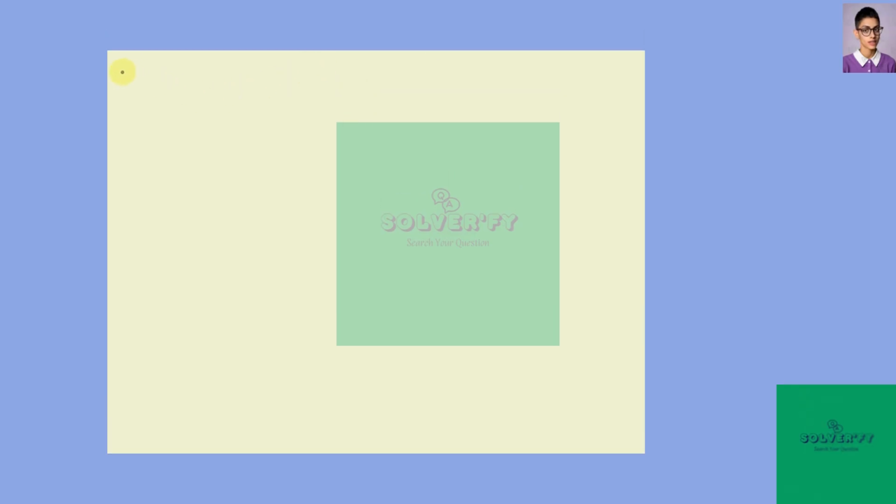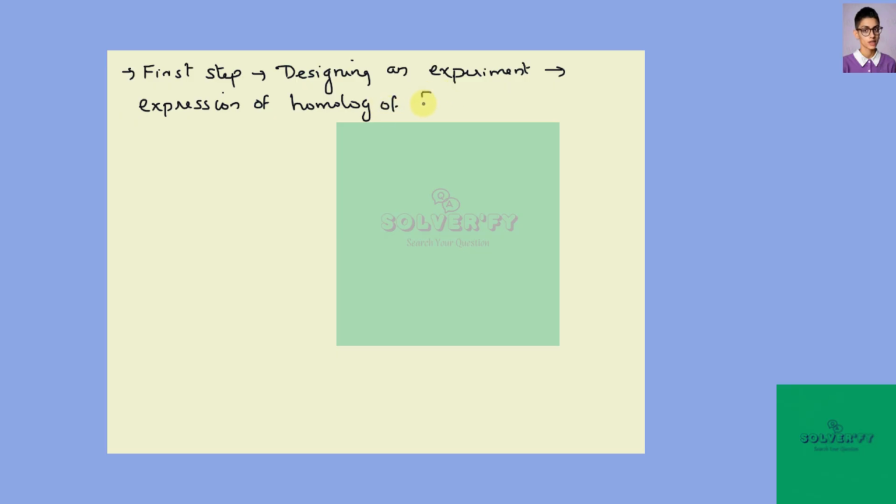Hello students, the first step in designing an experiment to study the expression of the homologue of the EVE gene in cranefly embryos is to identify the sequence of the EVE gene in the genome of the cranefly embryo.